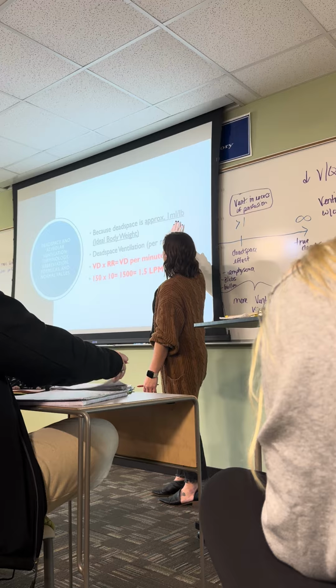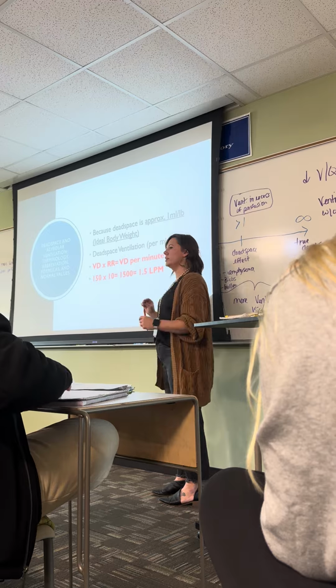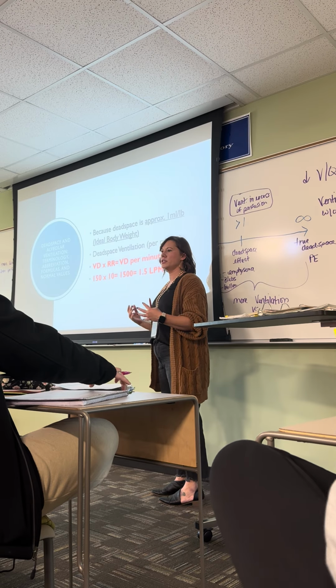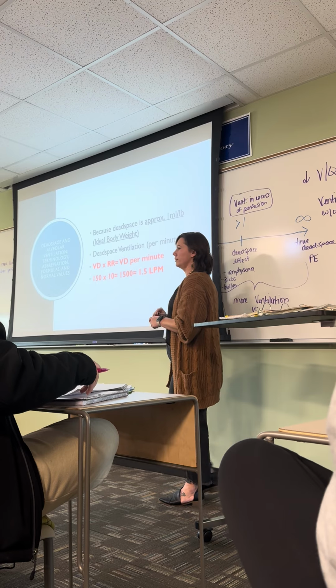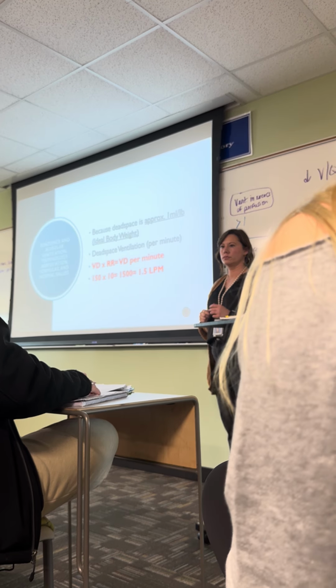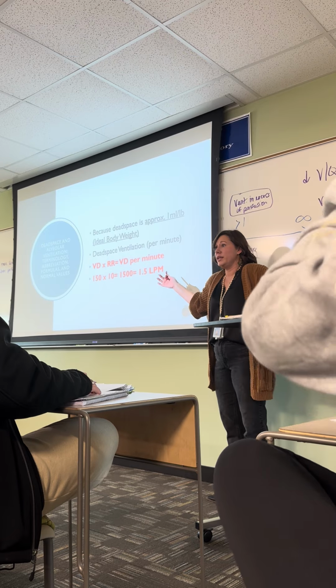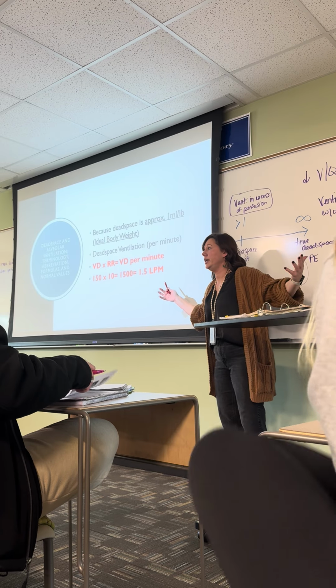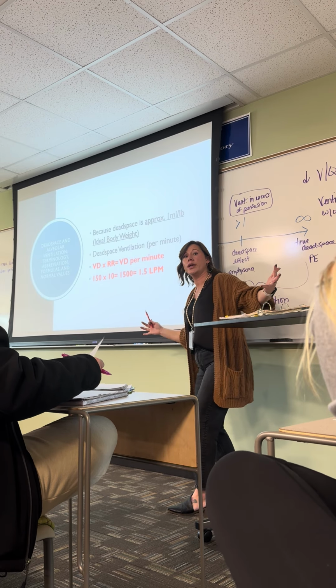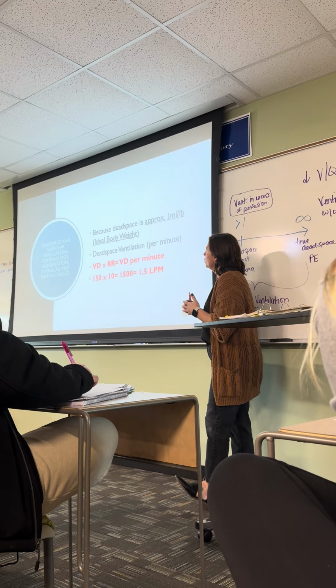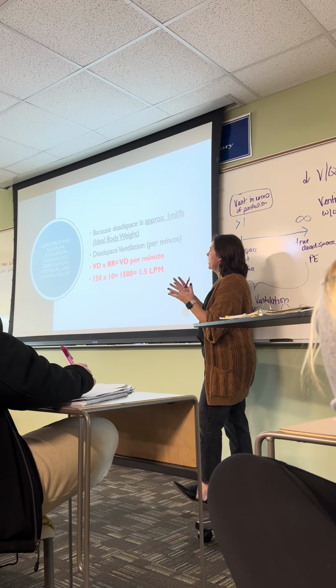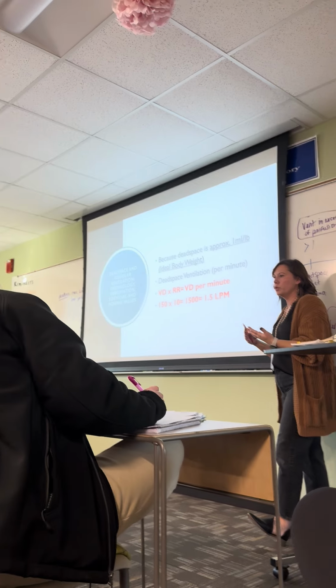If I have a patient that weighs 150 pounds, what is my estimated or approximate dead space if it's 1 mil per pound? 150. Pretty easy, right? If you have someone that's 180, it's going to be 180. So this is how you can use your approximate dead space. You just take 1 mil per pound.